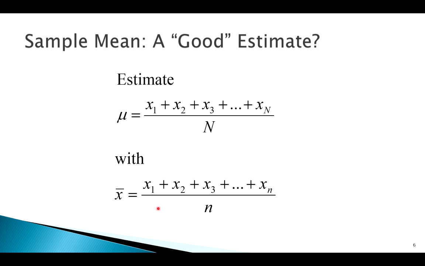And here's our sample mean formula. Okay, so is this a good estimate of this? Well, I mean, they look pretty similar. Right, our formulas look similar. You would think that just finding the mean of a sample should be pretty close to the mean of the population. All right, so yeah, it's probably a good estimate.